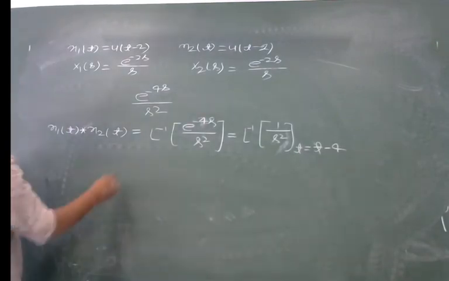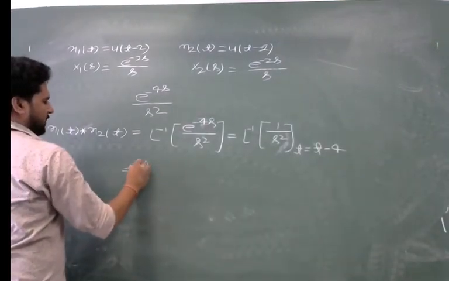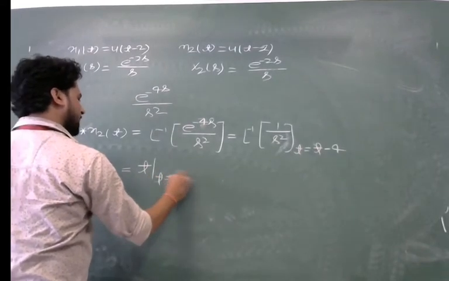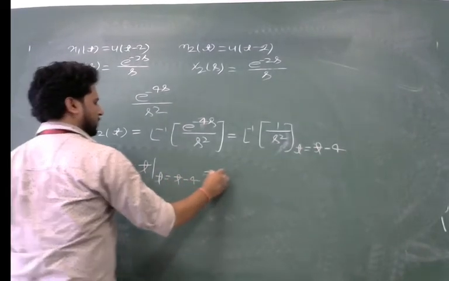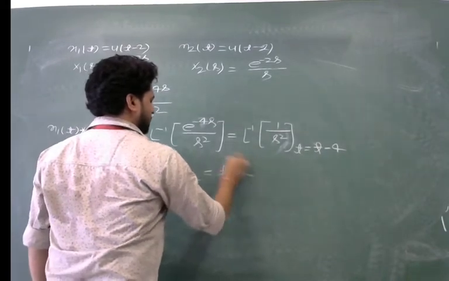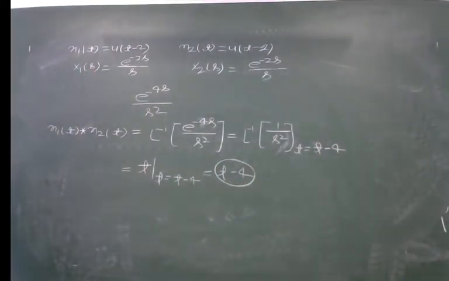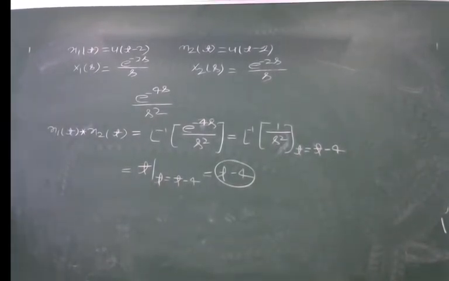And Laplace inverse of 1 upon s square will be t, where t is equal to t minus 4, or this will be equal to (t minus 4) u(t minus 4). So this is the convolution of these two given signals, u(t minus 2) and u(t minus 2).